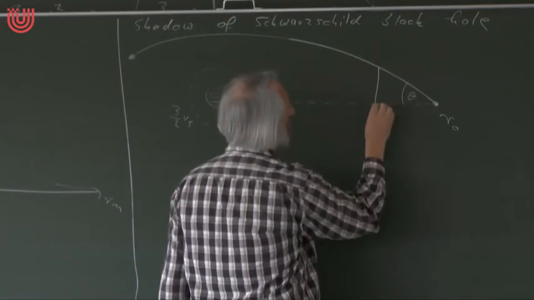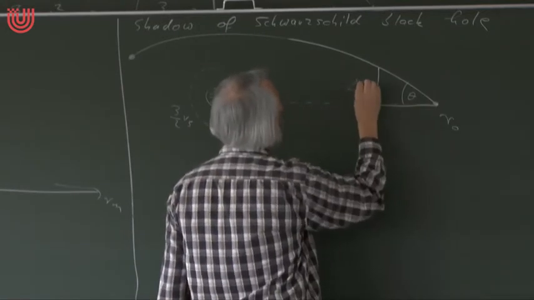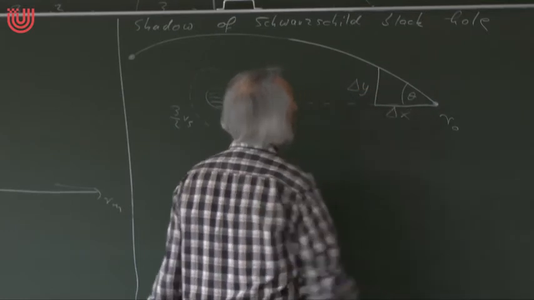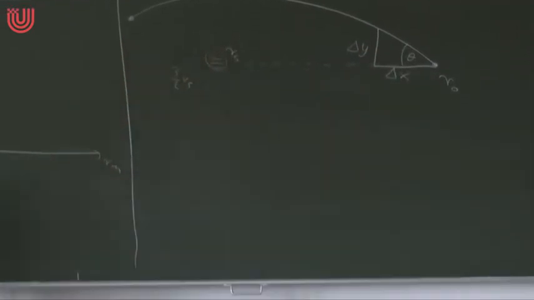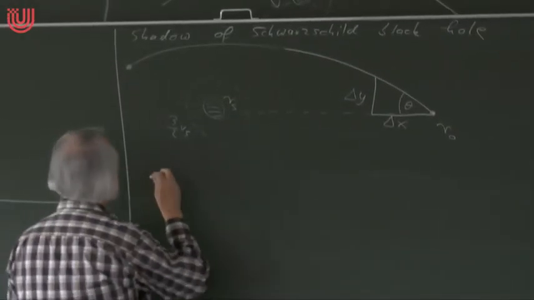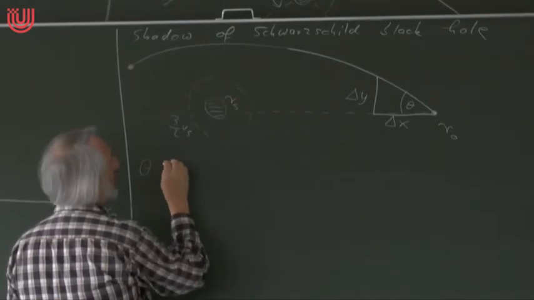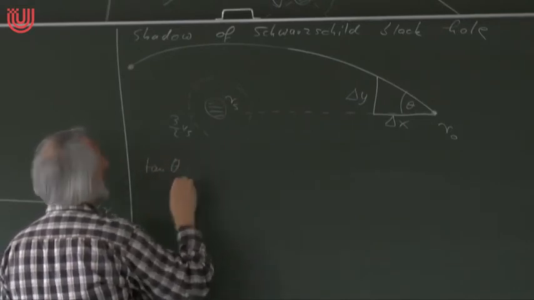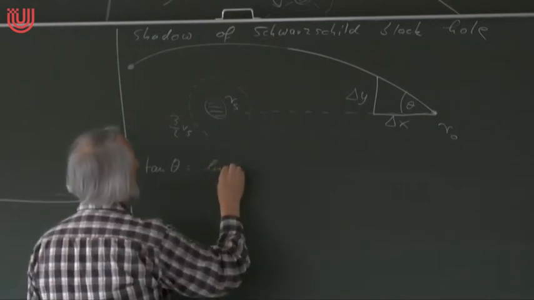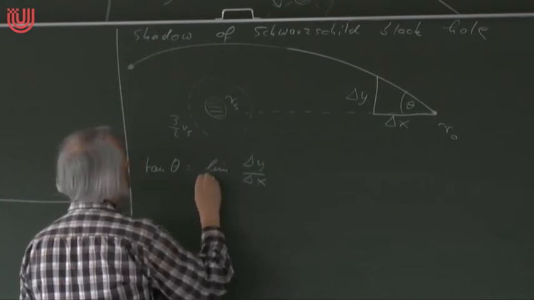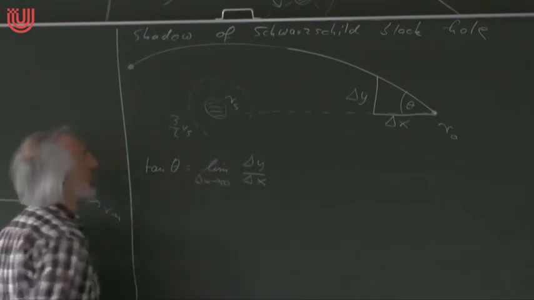In order to do this, I denote this here by delta y and this by delta x, just to get a handle on this angle theta, to characterize it in terms of my orbit equation. And then obviously the tangent of the angle theta is the limit of delta y divided by delta x for delta x to infinity.